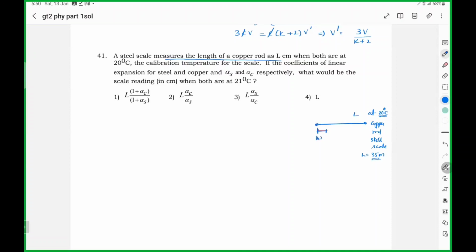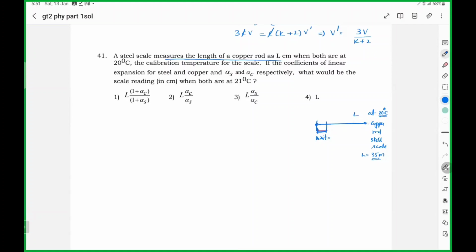Suppose this is 1 unit, the length of the copper rod is 35 meters.